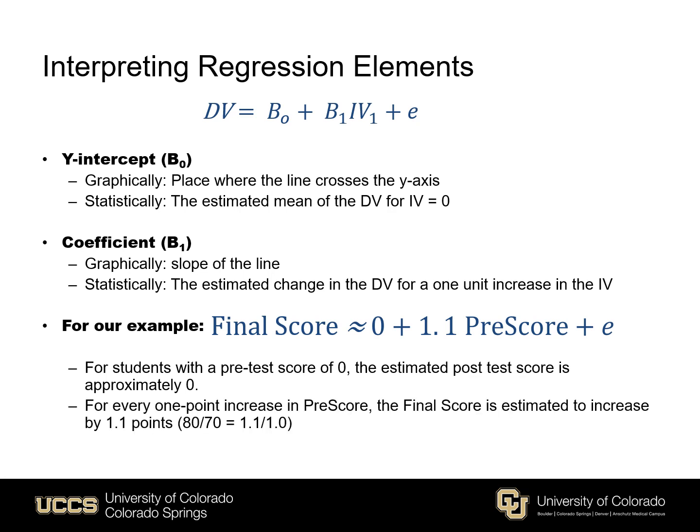And that for every 1 point increase in the pre-score, we're estimating the final score to increase by 1.1 points, and that came from us naked eye estimating the rise over the run of that scatter plot line, 80 over 70, and of course that reduces to 1.1 over 1.